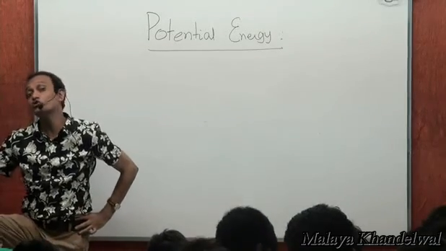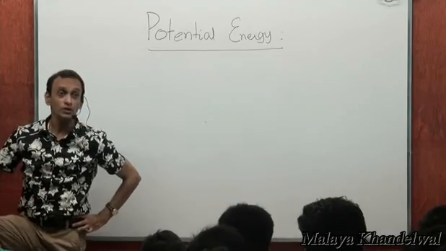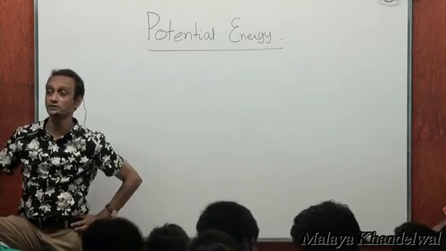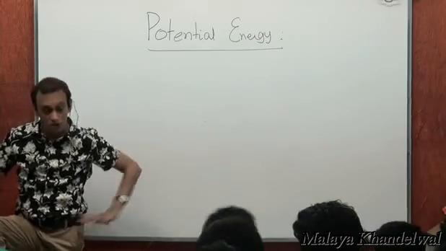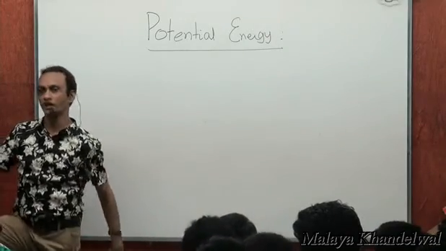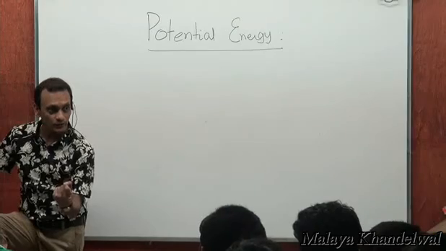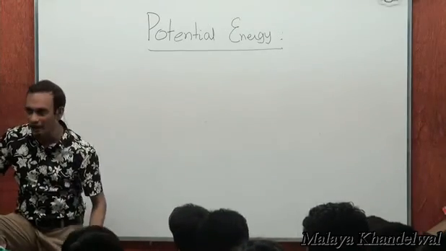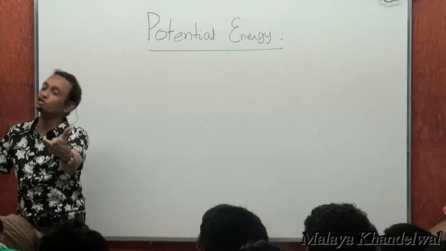If they are defined for conservative fields, what should they be then? That's the question. In a conservative field, if a particle is known to be at a certain position, what is its potential energy? At a certain point, in a region of a conservative field, if a particle is present, what should its potential energy be?